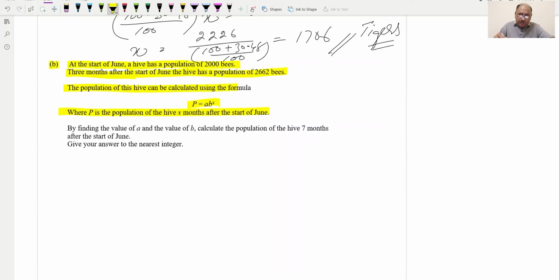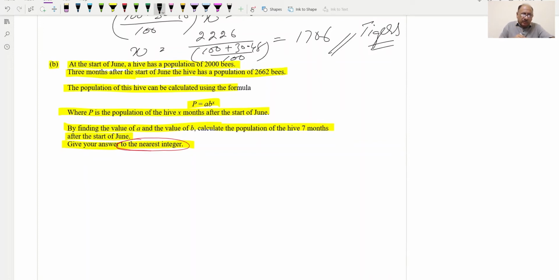By finding the value of A and the value of B, calculate the population of the hive 7 months after the start of June. Give your answer to the nearest integer. So we have to provide the answer to the nearest integer, otherwise marks will be deducted.